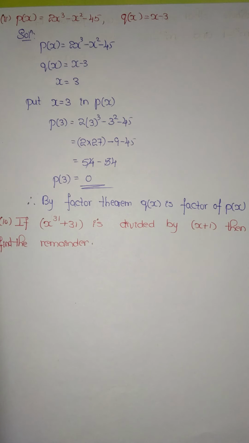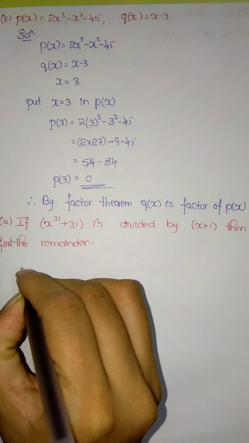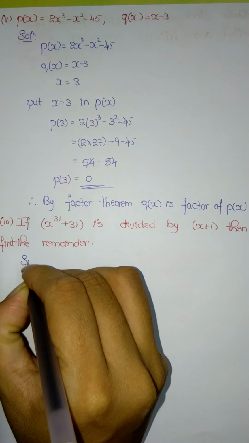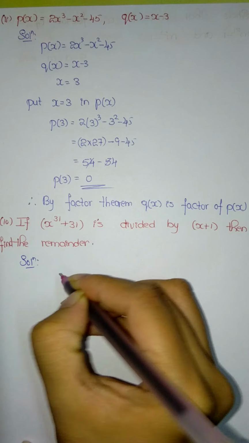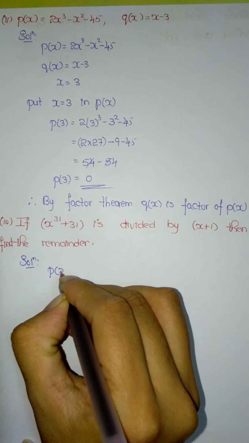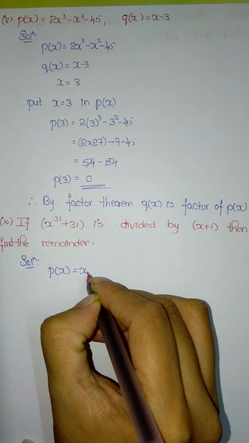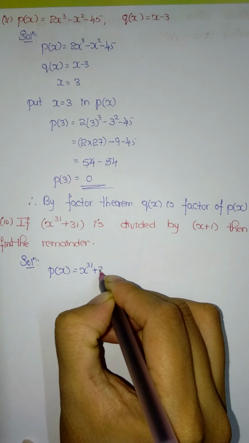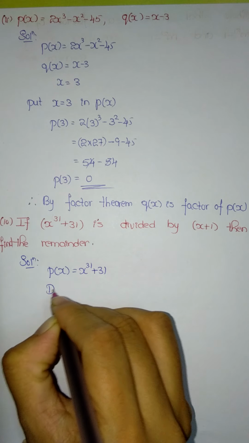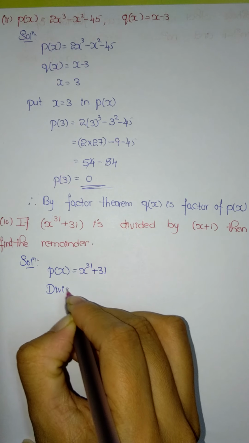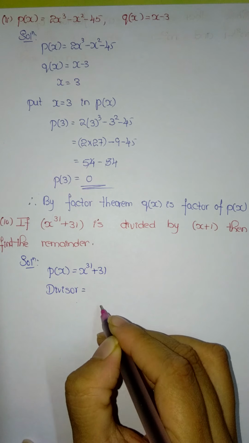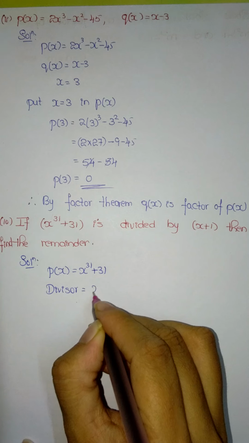Next question number 10. If x to the power 31 plus 31 is divided by x plus 1, then find the remainder. So यहाँ पे रिमाइंडर क्या है वो फाइंड आउट करना है. So here solution. So already they are given p of x equal to x to the power 31 plus 31, and the divisor is equal to x plus 1.